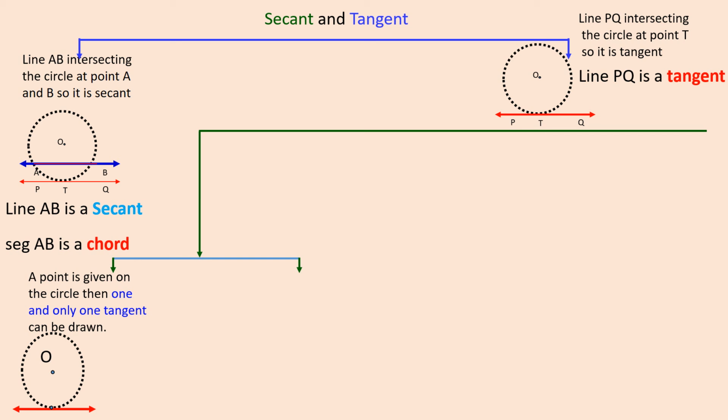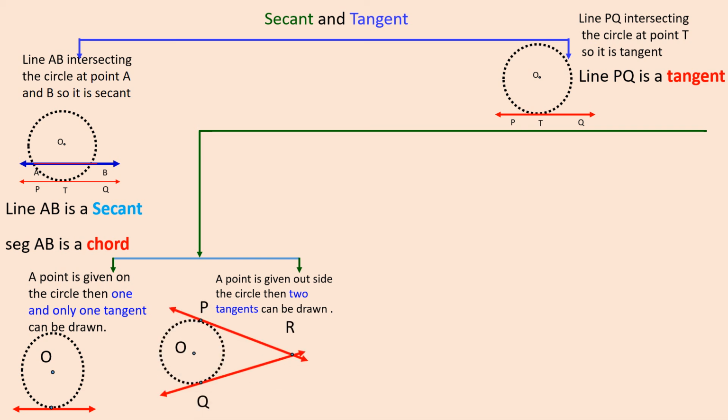So one point is given on a circle, so you can draw one and only one tangent. When the points are given outside the circle, then you can draw two tangents on it.